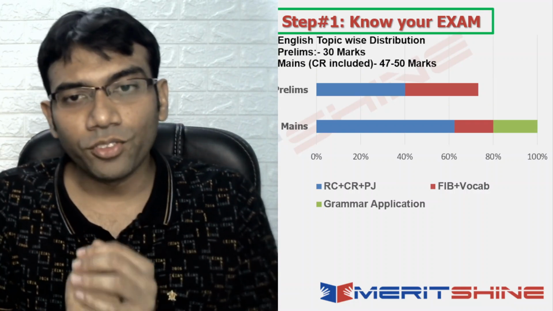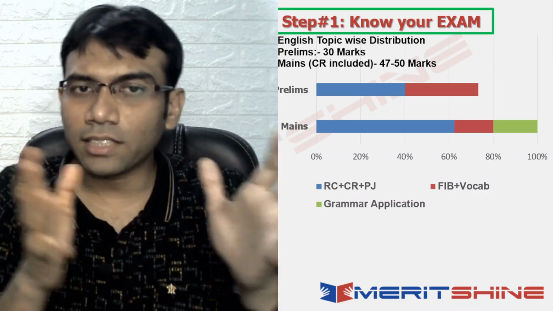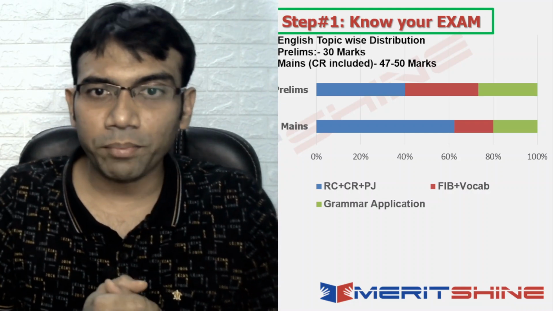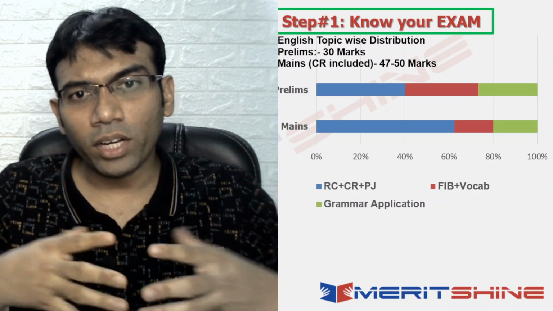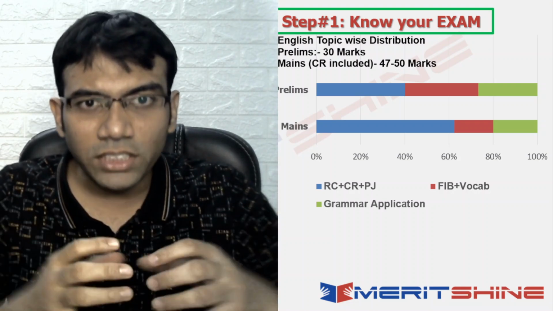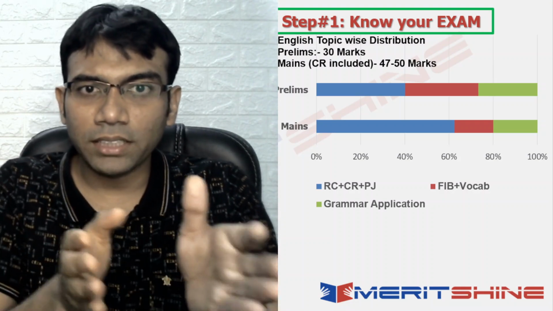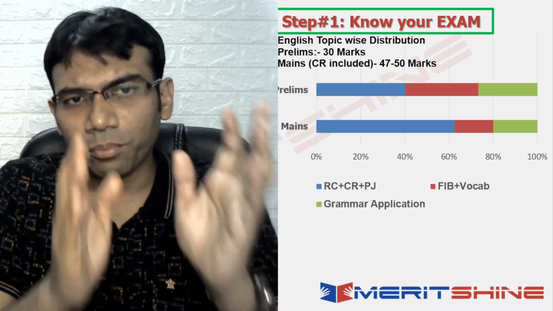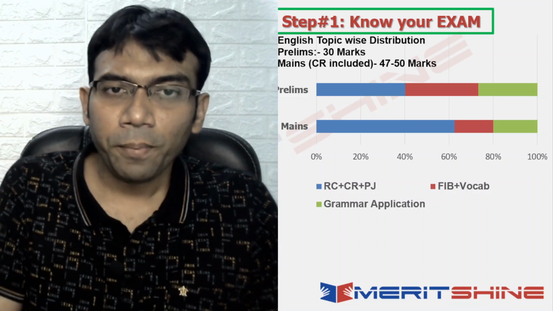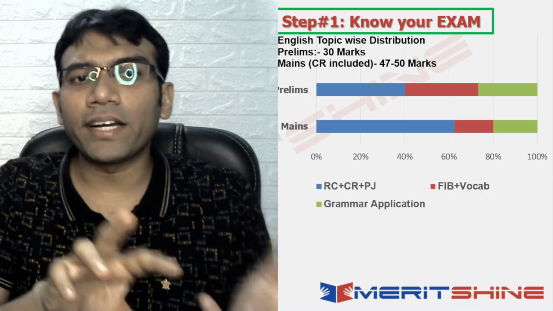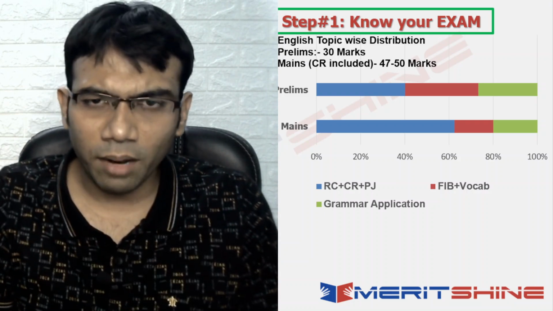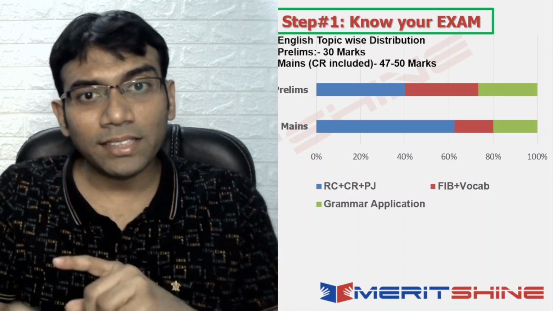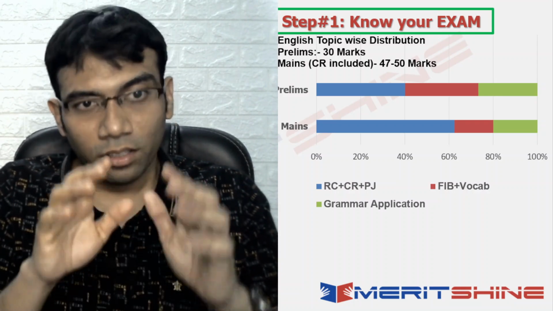In mains, the rest is grammar application questions. In prelims also the rest is grammar application questions, but if you look at the division of marks of grammar application and FIB vocab, you'd see that around 35 to 40% is RC, CR and PJ, whereas the rest is more or less equally divided between FIB vocab and grammar application. Normally FIB vocab is a little more than grammar application, whereas the tables are turned in the mains.